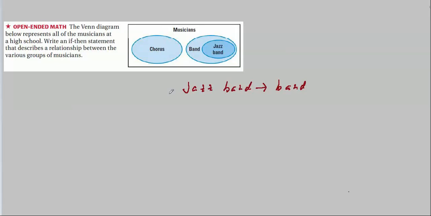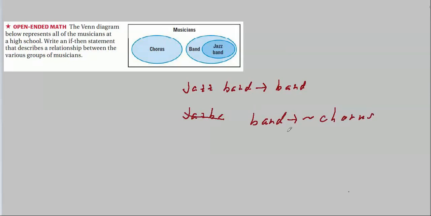However, suppose I join these. If I write jazz band, actually I wouldn't even need to, would I? Jazz band implies band. And band implies not chorus. They can't be in both, can they?